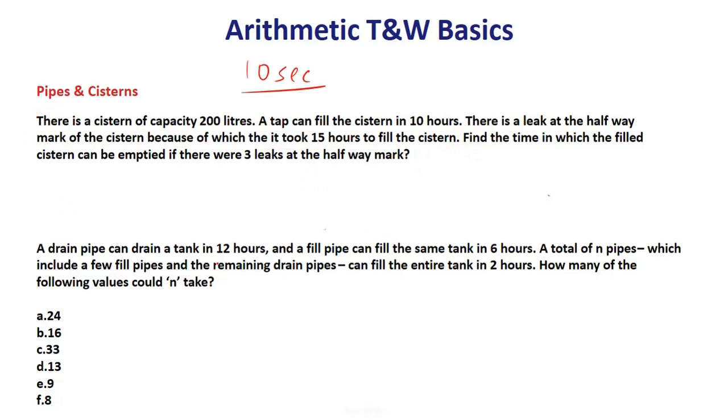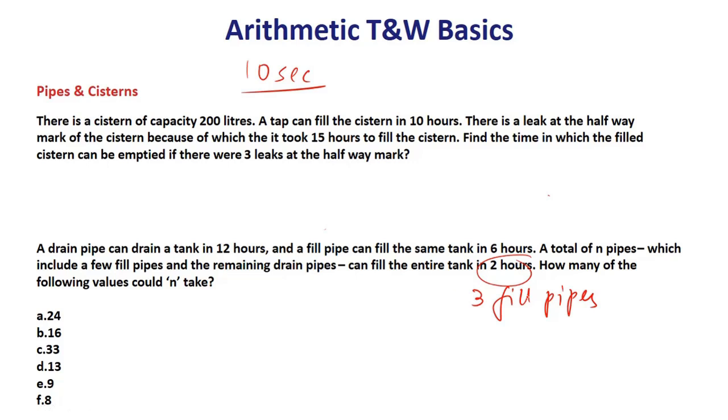A drain pipe can drain a tank in 12 hours and a fill pipe can fill the tank in 6 hours, right? A total of n pipes, which include a few fill pipes and remaining drain pipes, can fill the entire tank in 2 hours. Now, to fill the tank in 2 hours, effectively you will need 3 fill pipes. But the question says that you have fill pipes also and drain pipes also.